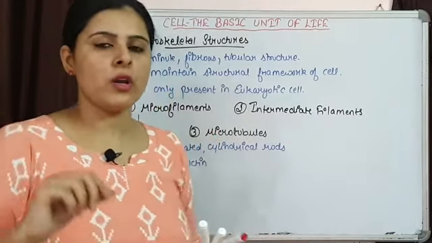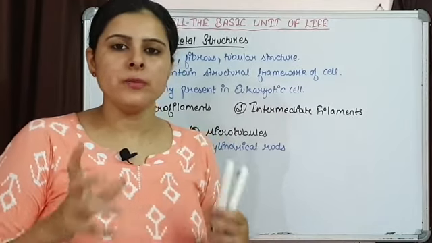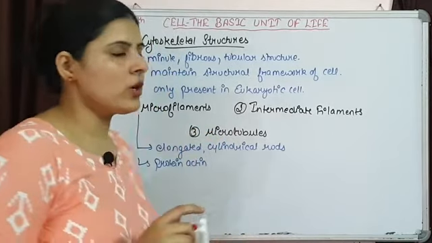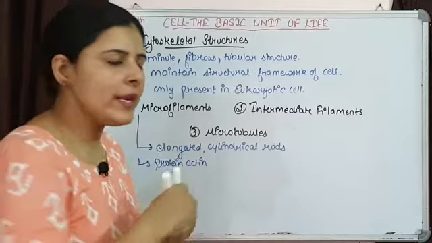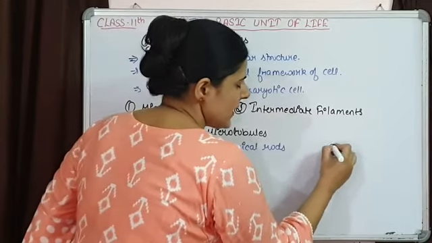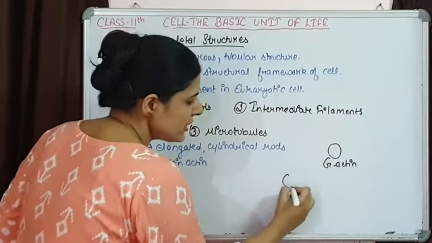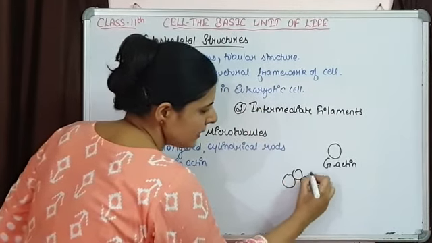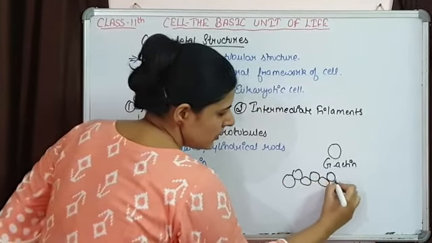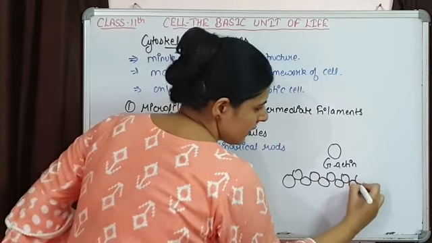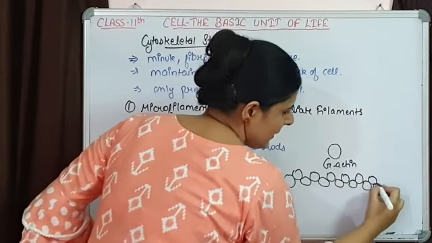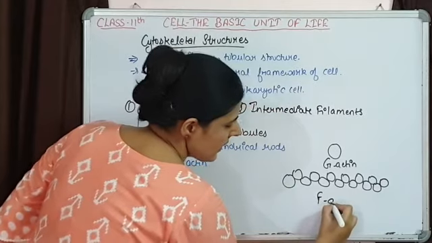Now when we were talking about contractile proteins in muscles, at that time we talked about actin. So the monomeric unit is spherical, single unit is G-actin, and loads of G-actin are combining together to give a filament-like structure that is known as F-actin.